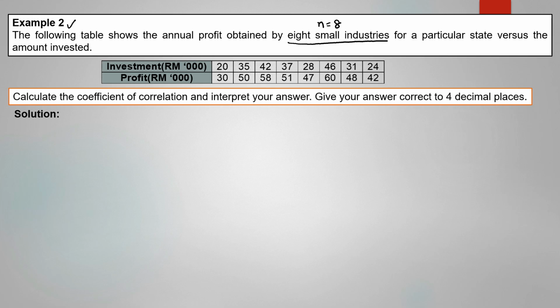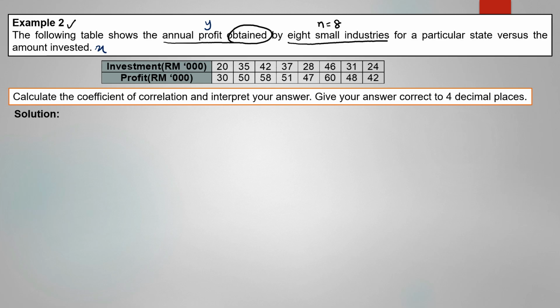So here, firstly, you need to define your X and your Y. From the statement, it showed the annual profit obtained, which means that the amount invested will affect the amount of profit. So, from here, we know that the annual profit will be our Y variable, and the amount invested will be our X variable.